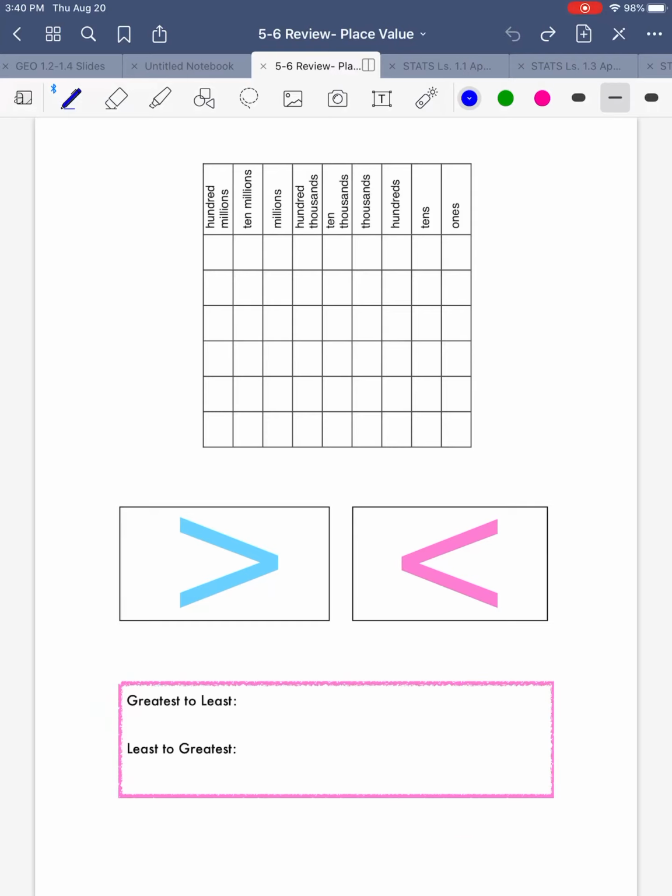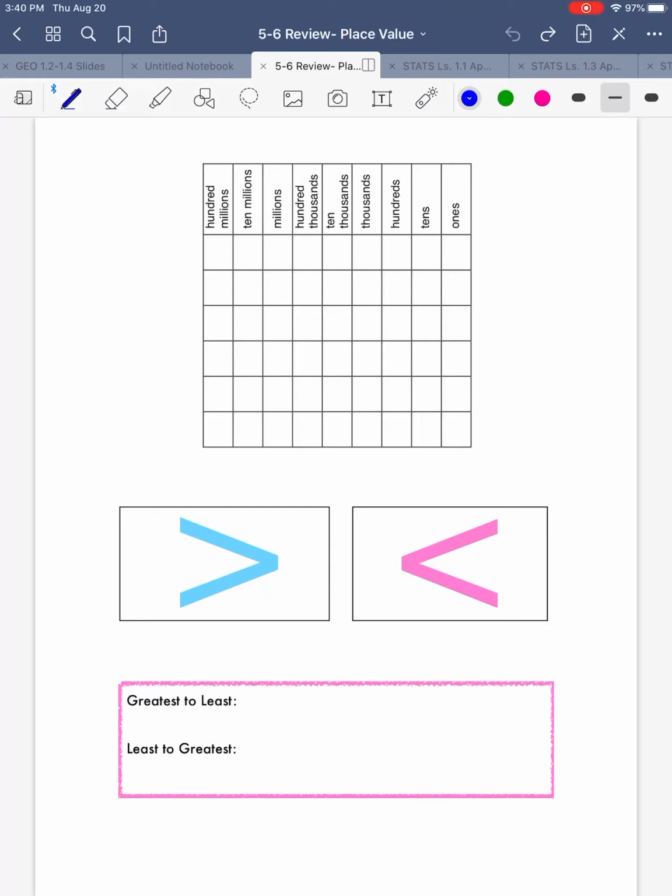So I'm going to say a number and we're going to write it in the chart, and then we'll erase it when we get to the next one, okay? The first number that we're going to write into the chart is 62,249. When you write that in the chart, you have to write it like you hear it and figure out where to begin the number.